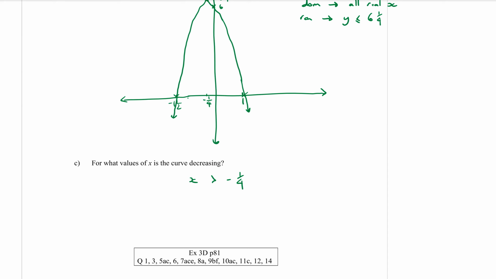Increasing, as you're coming from left, you always go from left to right, it's like reading a book. As you're coming across, that is increasing, it's going uphill. The stationary point or the turning point is where it changes, and now it's coming down.